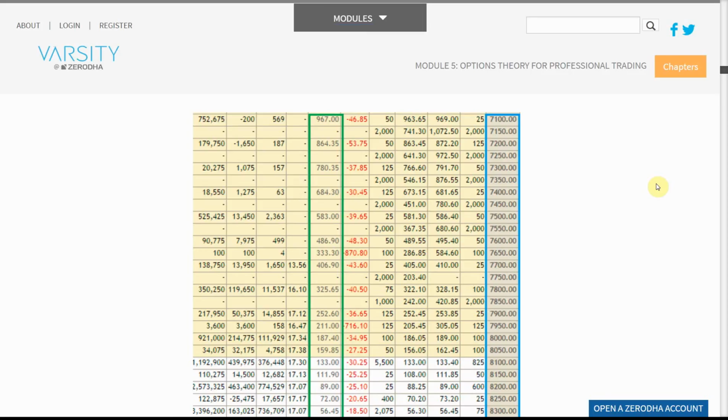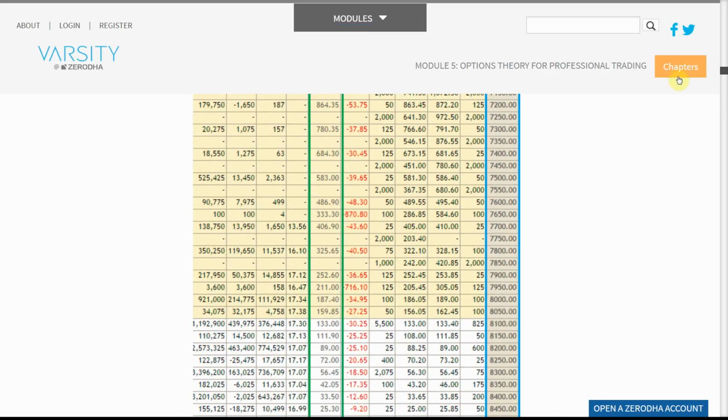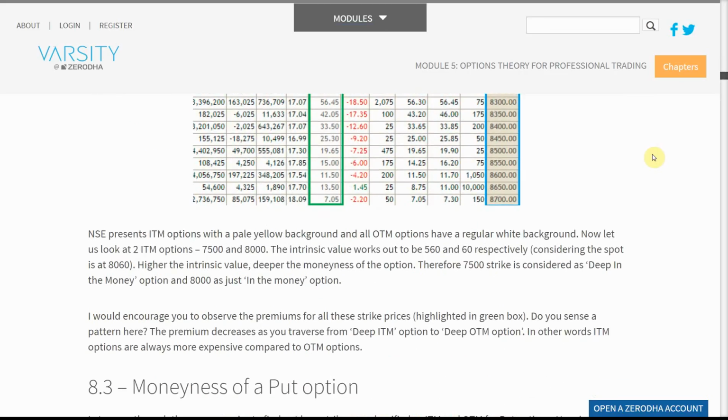Now let us look at two ITM options, 7,500 and 8,000. The intrinsic value works out to be 560 and 60 respectively, considering the spot is at 8,060. The higher the intrinsic value, the deeper the moneyness of the option. Therefore the 7,500 strike is considered a deep in the money option and 8,000 is just an in the money option.